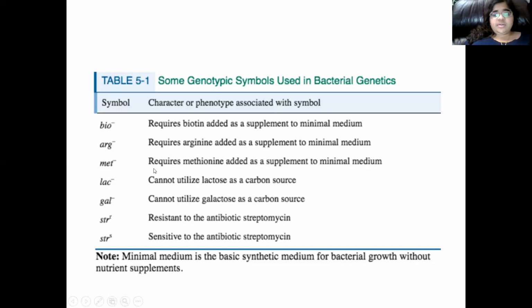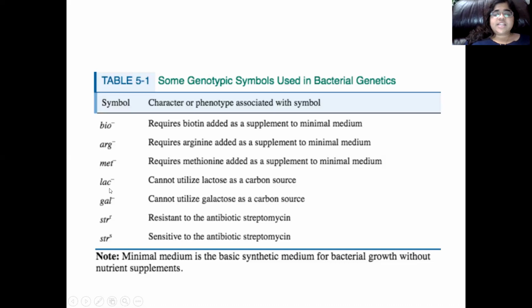Same thing here with methionine. You need that as a supplement. So for any amino acids, or things like that, if you have a negative with it, that means it's typically required as a supplement for it to grow.